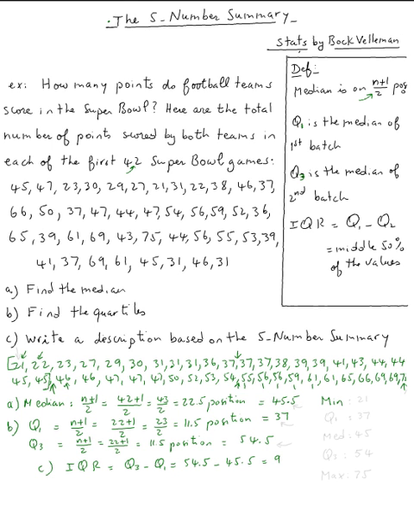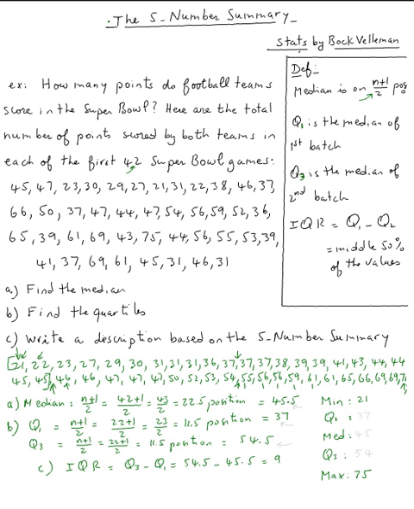The min first, and then the lower quartile or the first quartile, then the median, and then the third quartile, and then the maximum value. So we know the min would be the smallest value, which is right here, 21. The maximum would be the largest value, which is 75.